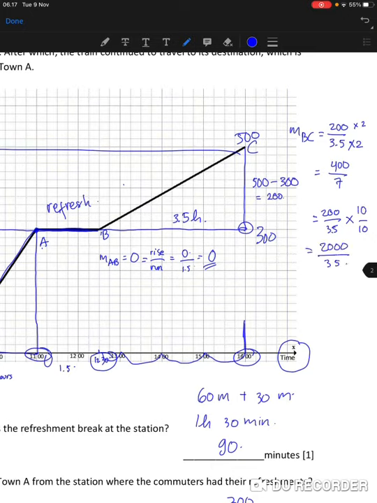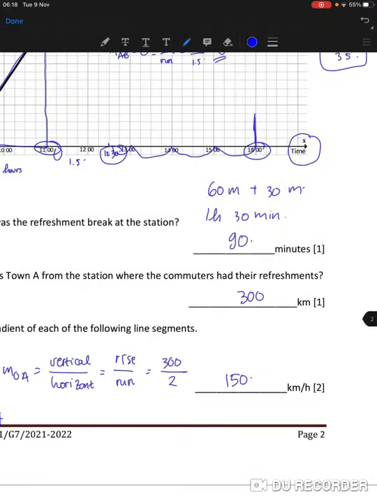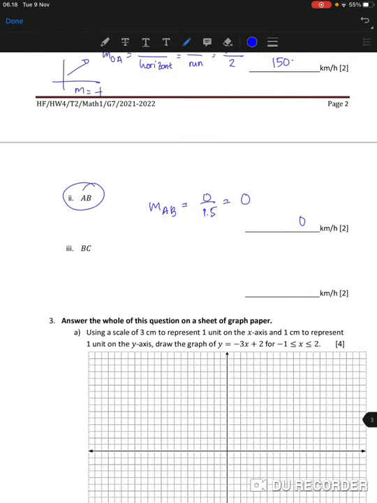I will accept these two possible answers, yeah. Or if you want to leave it in decimal, it's good enough for me, okay? So the gradient of BC is going to be 400 over 7. This one is from 200 over 3.5. You cannot leave decimals in your fractions, yeah, guys. That's why I ask you to leave it in whole numbers.